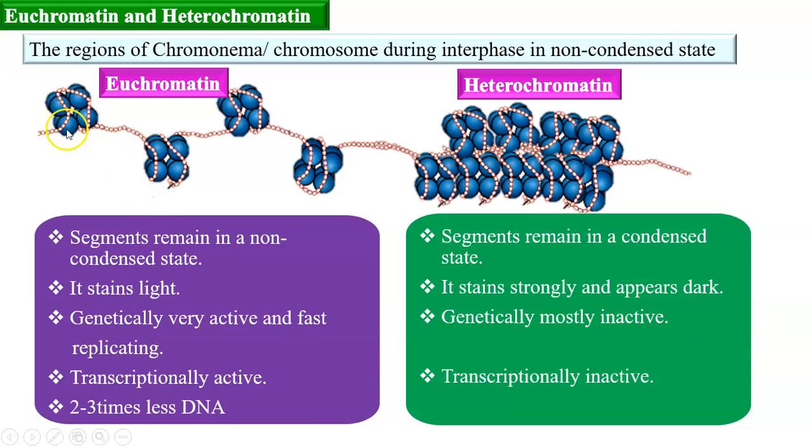You can see the amount of DNA present. It is 2 to 3 times less in the euchromatin region, whereas here, due to compactness, due to the condensed state, the DNA is much more in amount in the heterochromatin region. These heterochromatin regions are arranged near the centromere and telomeres, and they are also intercalated.